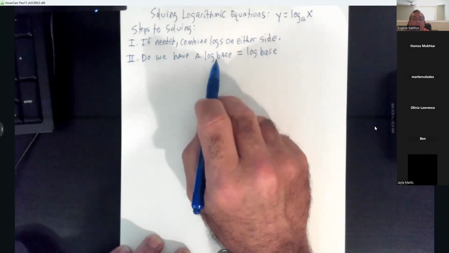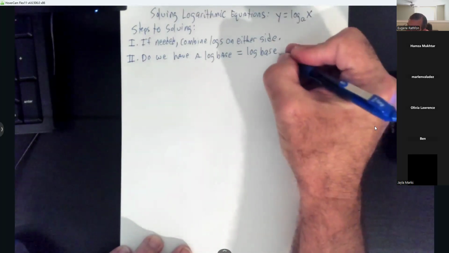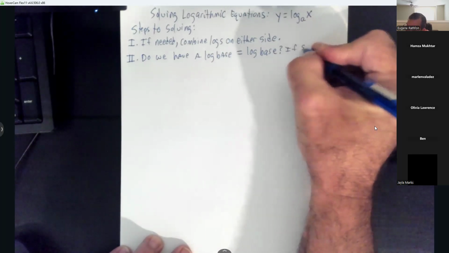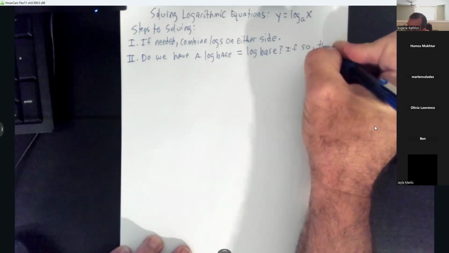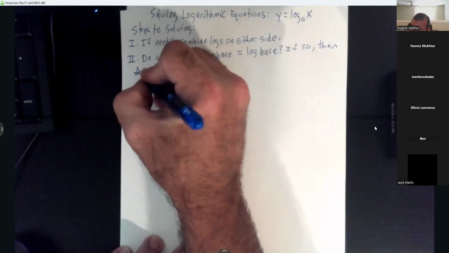So I got a log base on one side equal to a log base on the other side. If so, then logarithmic equality applies.